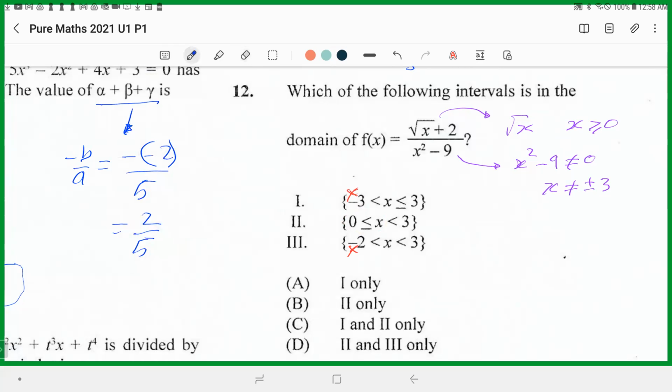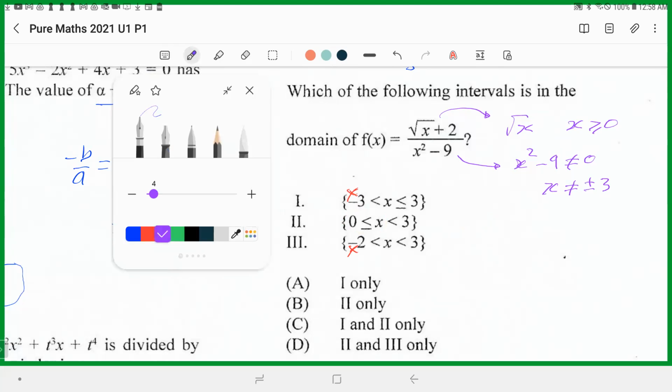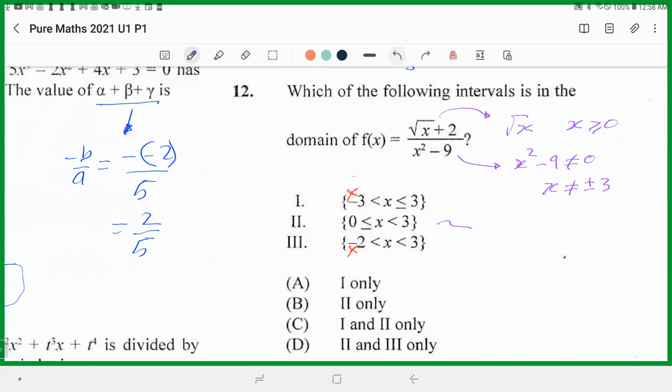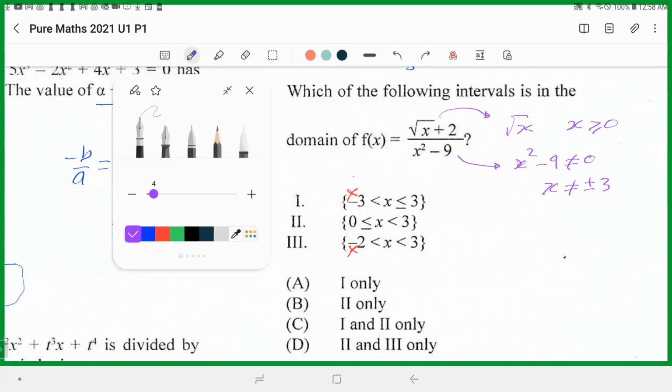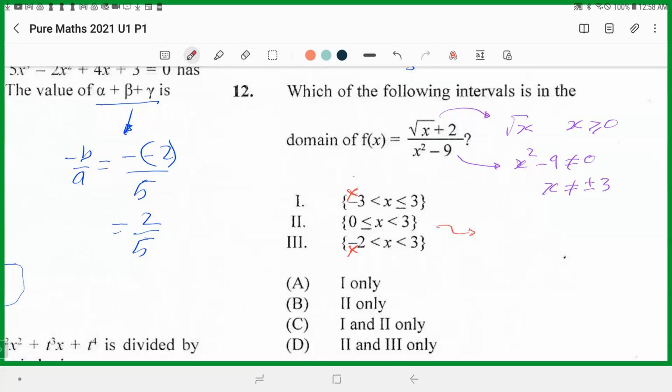Just to make a note, I can say x greater than 3 is also in the domain. But they never ask for everything that is in the domain.